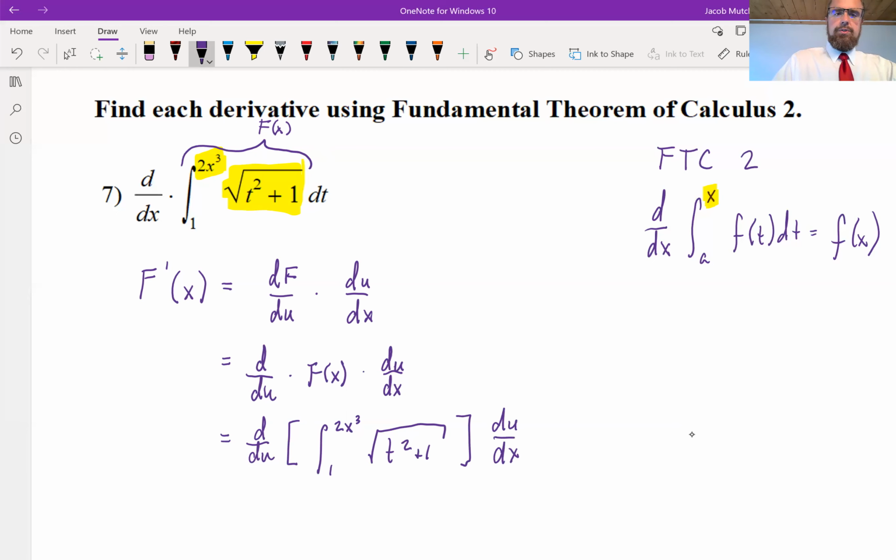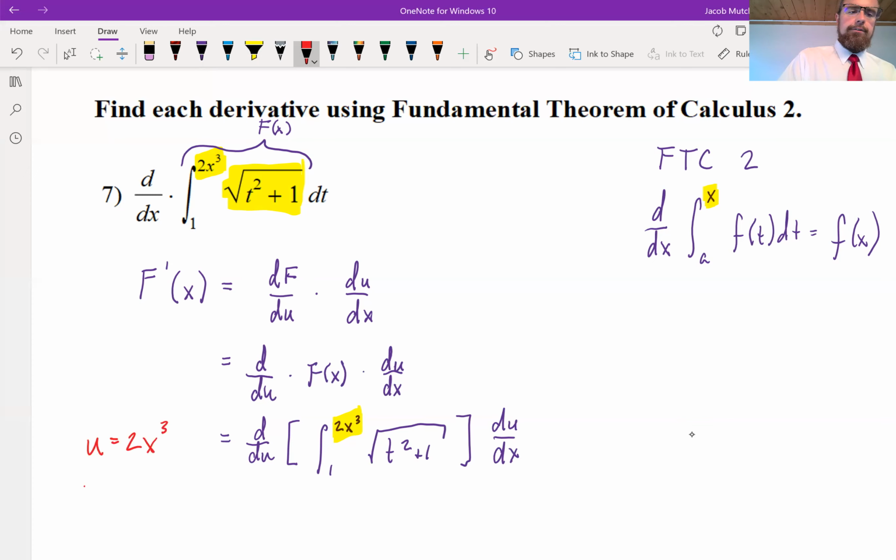And again, that's just a substitution. The capital F of x is my integration of the function. It's the area function. Now what I need to do is substitute in a simpler dummy variable for that function 2x cubed. And since I've got this set up with the u variable for the chain rule, I'm going to use variable u, and I'll define u as u equals 2x cubed.